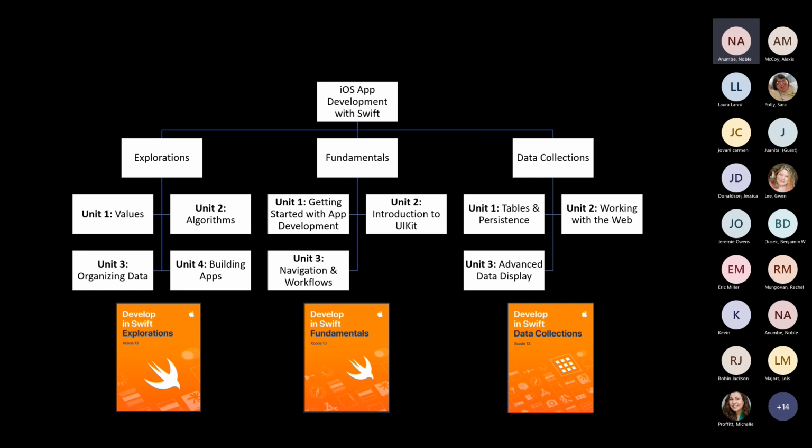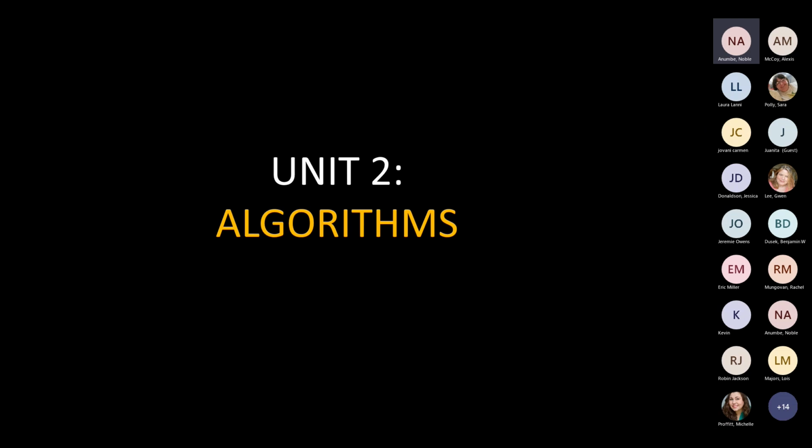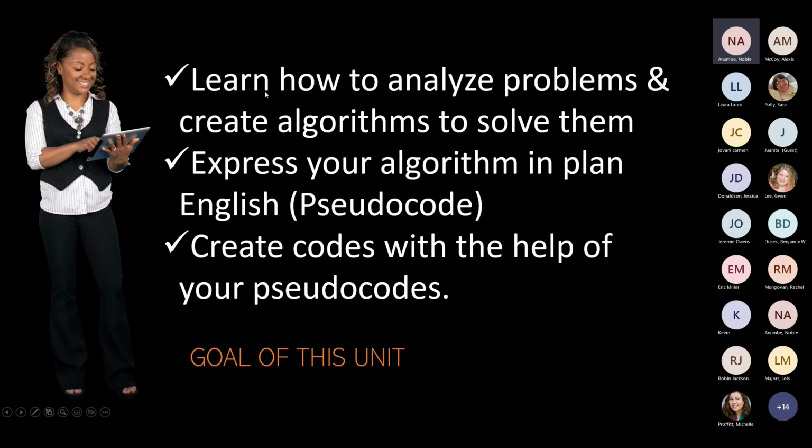I just want us to focus on this first. So I'm right now on page 107 of the book, and I'm going to be touching on a number of things. These are some of the key foci of this unit. They include learning how to analyze problems and create algorithms to solve them.